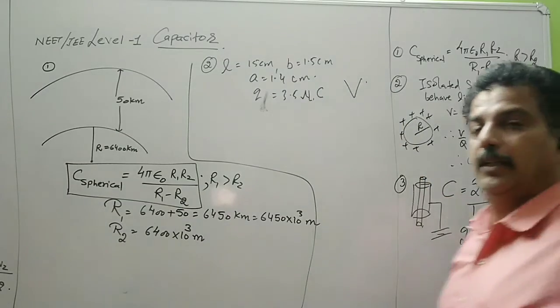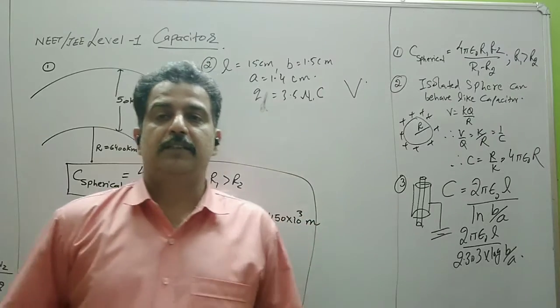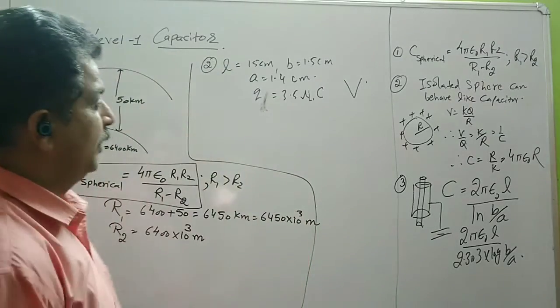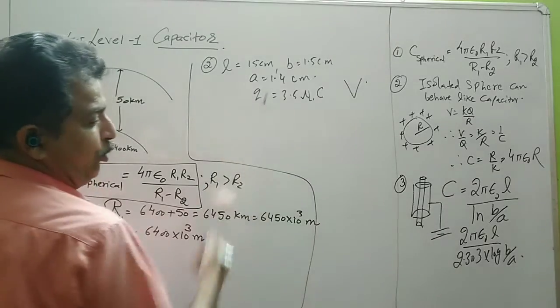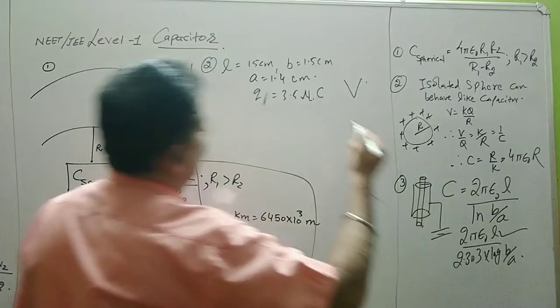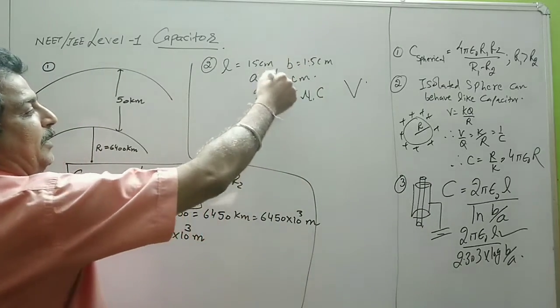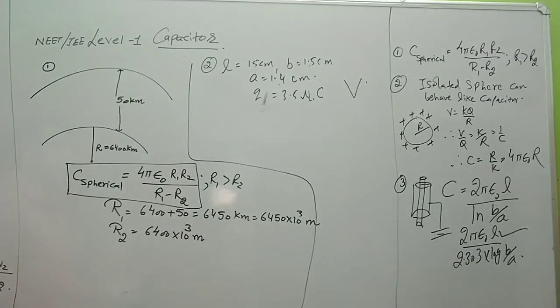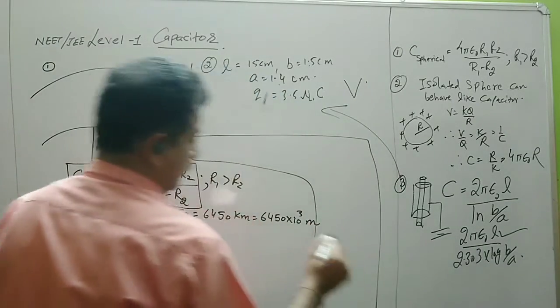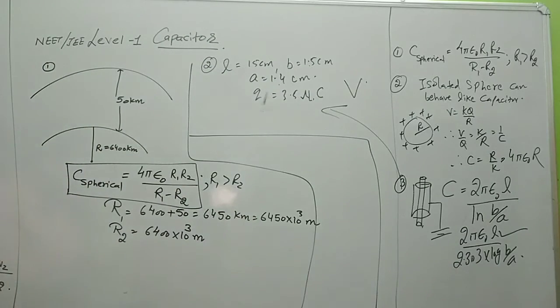Any conductor which is earthed should have zero potential, that you remember. So directly you apply this formula. The length is given, and log 1.5 divided by 1.4, that is 15 by 14. So this is a direct application of the formula.